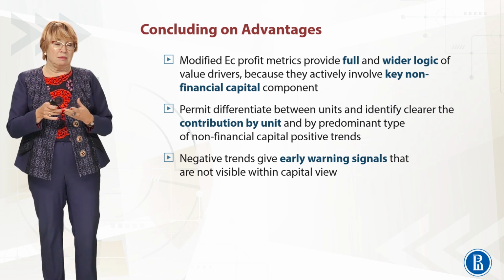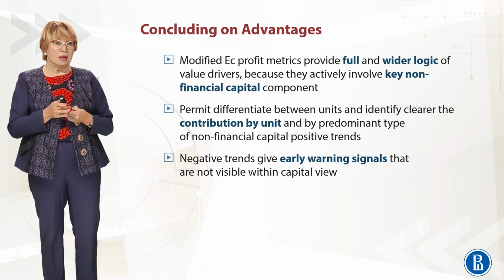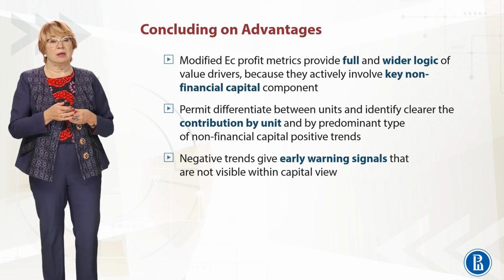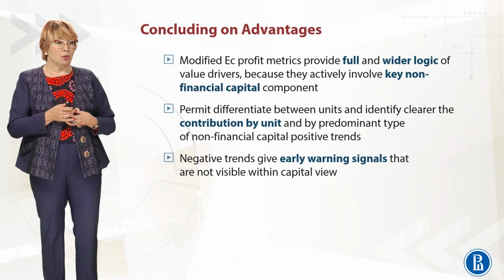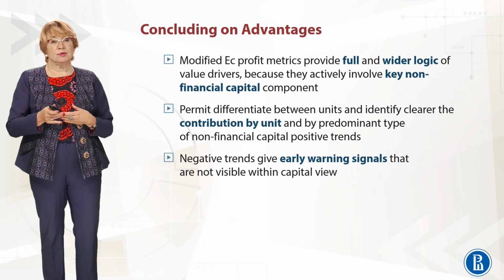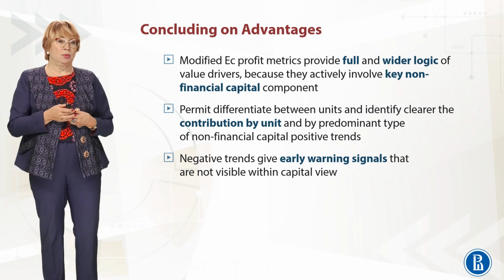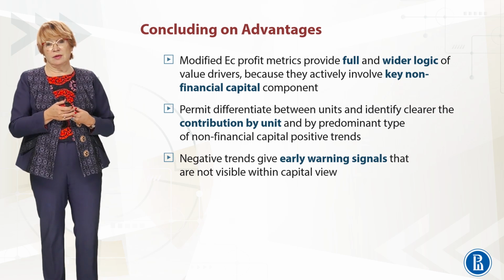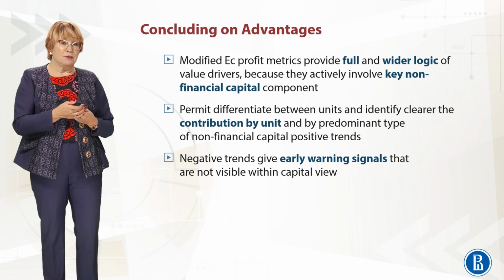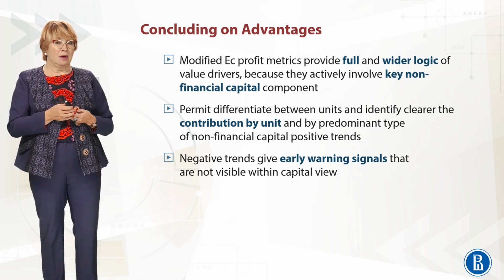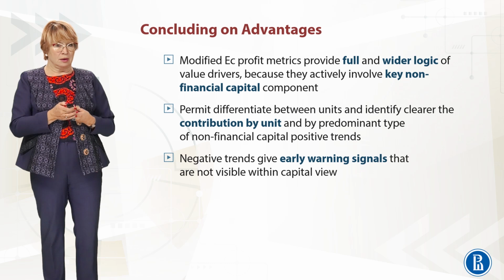And the third point on that slide is also very important, because if you see that some units or some segments of your business do not provide a positive contribution when you compare, let's say, value added per customer with the cost per customer, or value added per person with the cost per person, this is your signal about negative trends within this unit or within this subsidiary, or in that particular market segment of your business.